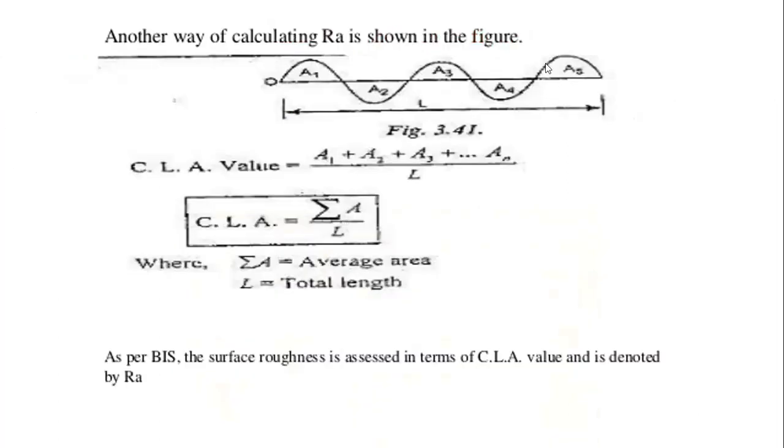Another way of calculating the RA value, that is the CLA value, is shown in this figure.